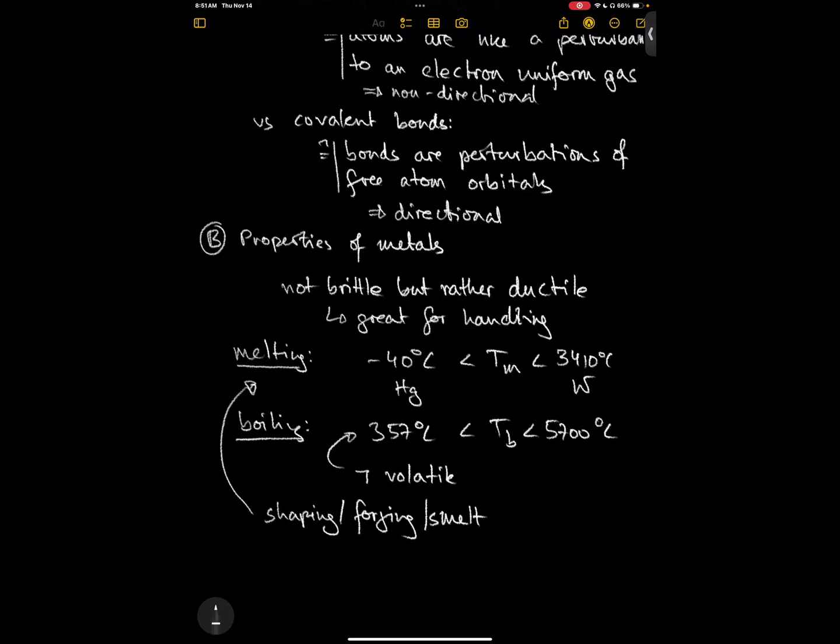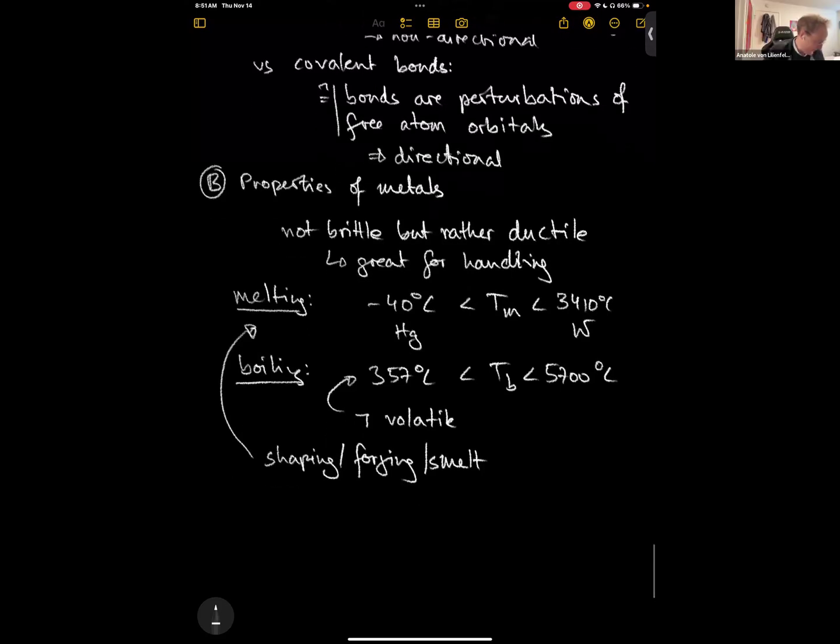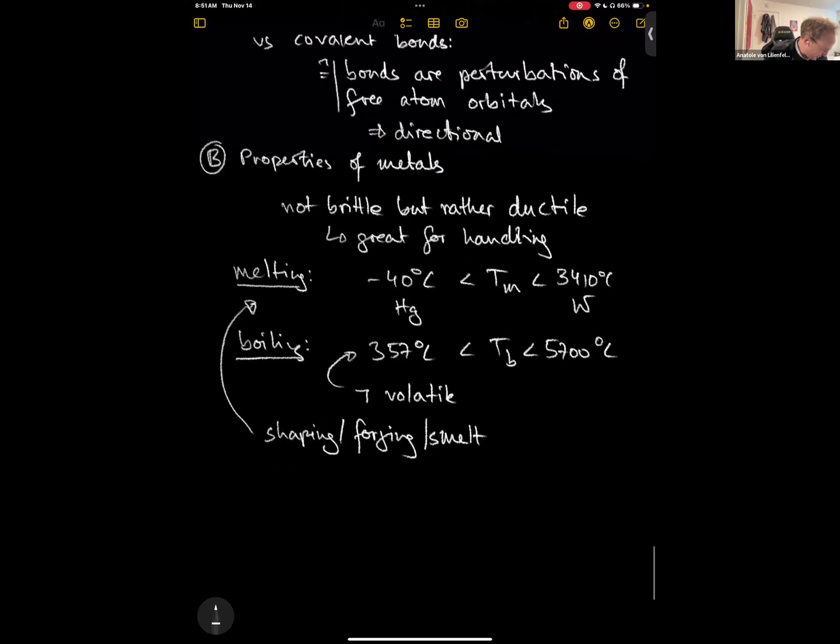These properties have enabled us to do this.